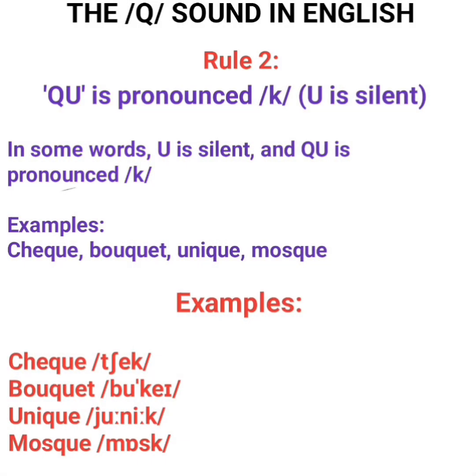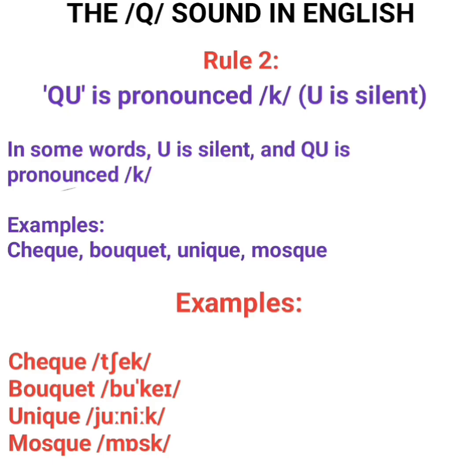The second rule pertaining to QU. As stated before, QU usually appear together to give qu sound. But not every time will QU give qu sound. Sometimes both of them will appear, but only Q will be pronounced and U will be silent.